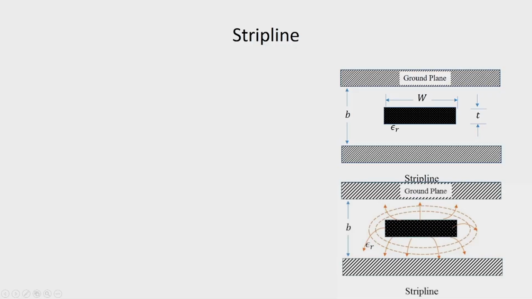The central conductor is surrounded by ground planes on two sides, and therefore, the field configuration can be drawn as shown in the figure, where these dotted lines are the magnetic field lines which encircle the central conductor, and the solid lines are the electric field lines which, of course, have some fringing near the sides of the central conductor, and it will remain confined very close to this central conductor if the dielectric constant is large.